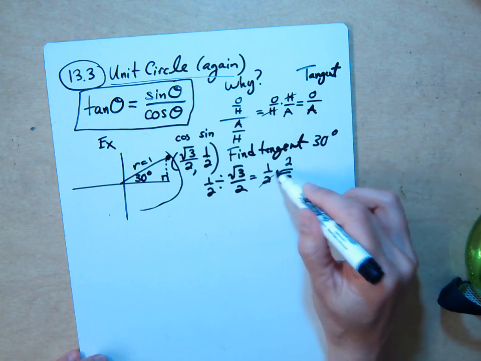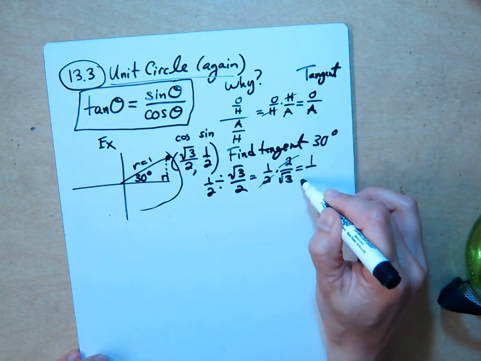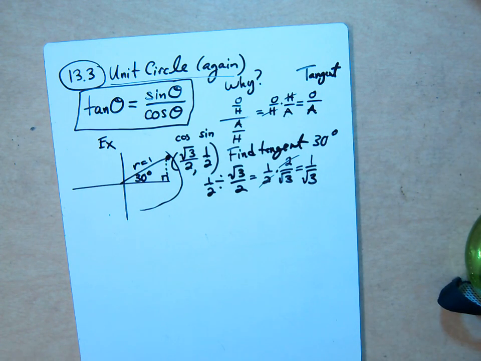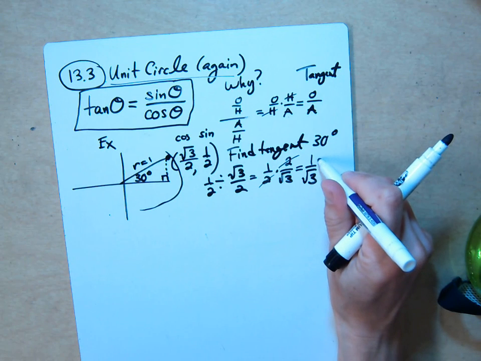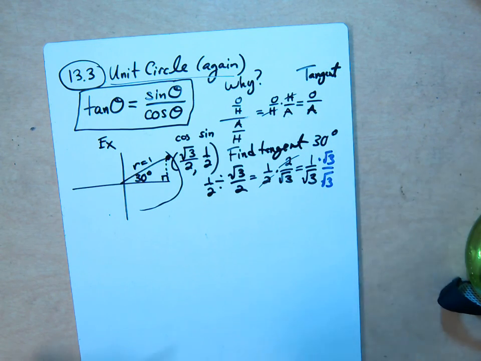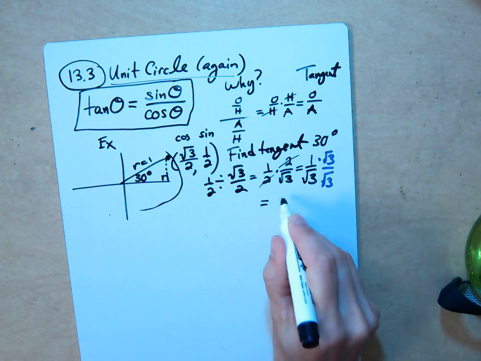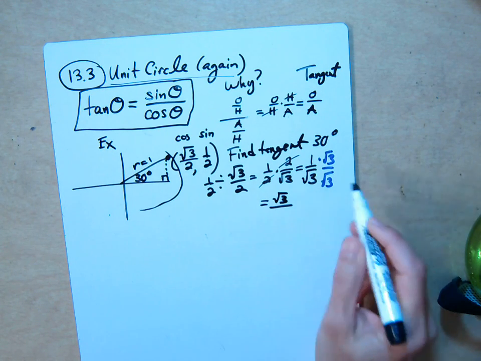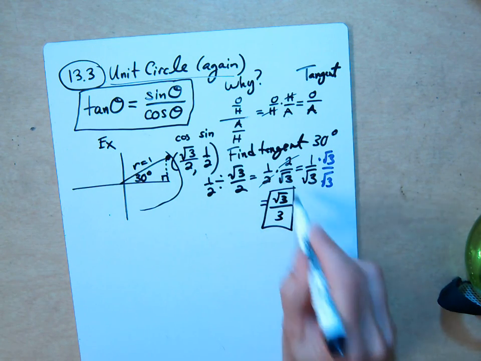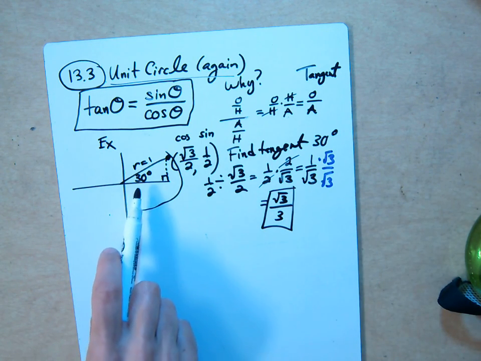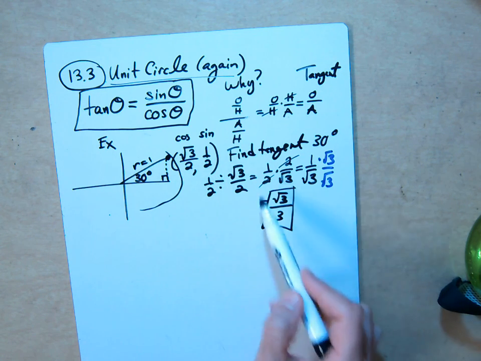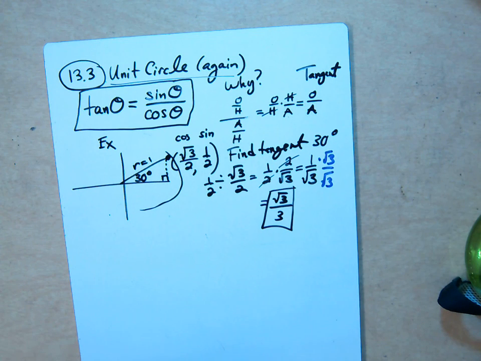The 2's simplify to 1, and I'm left with 1 over root 3, but we're no longer allowed to leave it without rationalizing. So you multiply by root 3 over root 3, which gives you root 3 over the square root of 9, but that is just 3. So that's just one of them. That's for 30 degrees. If you solve it for the tangent, you would do this process, and you would get root 3 over 3.